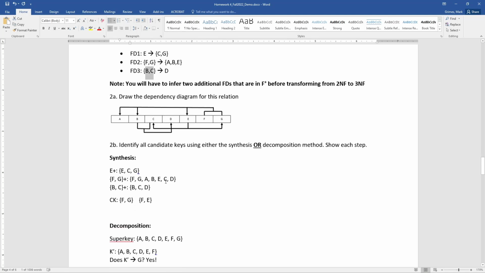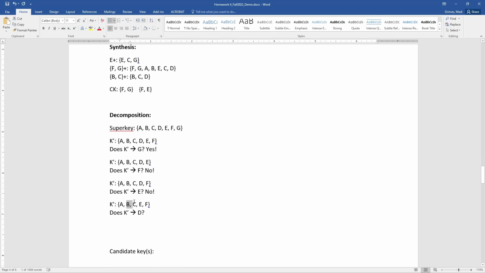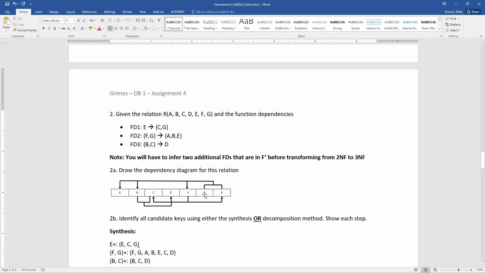BC determines D, and we have both B and C, so the answer there is yes, meaning we can get rid of D, no problem. So now let's set a value for K prime to be A, B, we're going to try removing C, and we know we need E and F. So now does K prime functionally determine the attribute that we're removing, C? Does A, B, E, F functionally determine C?